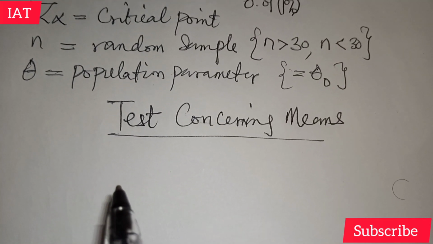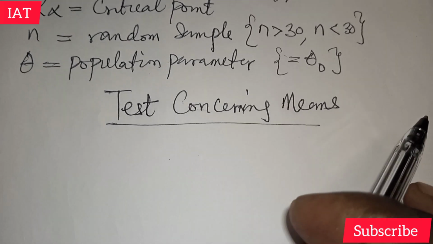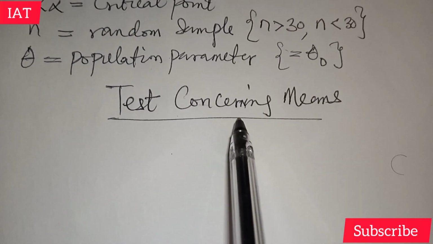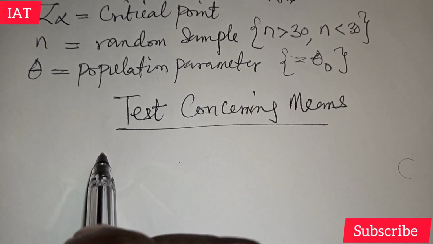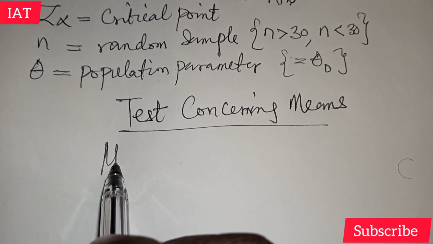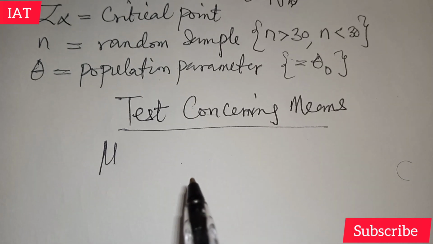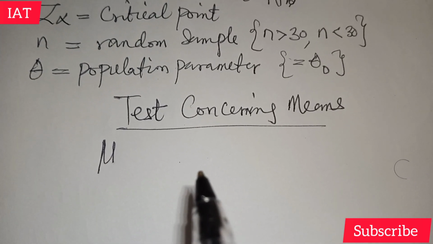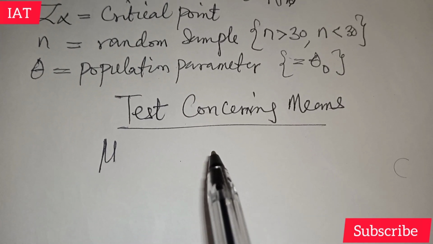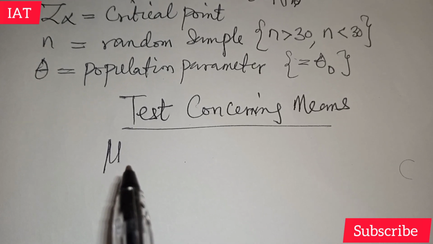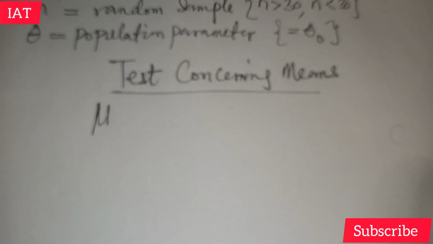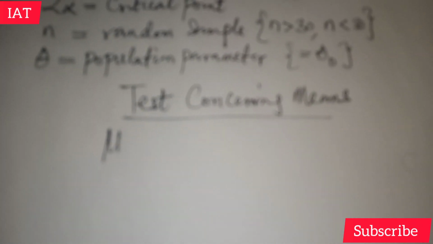I want to start by saying that in carrying out tests concerning population mean, of course I've introduced this to you already, we first state the null and alternative hypothesis. If these words are new to you, don't worry, we're going to talk about them.